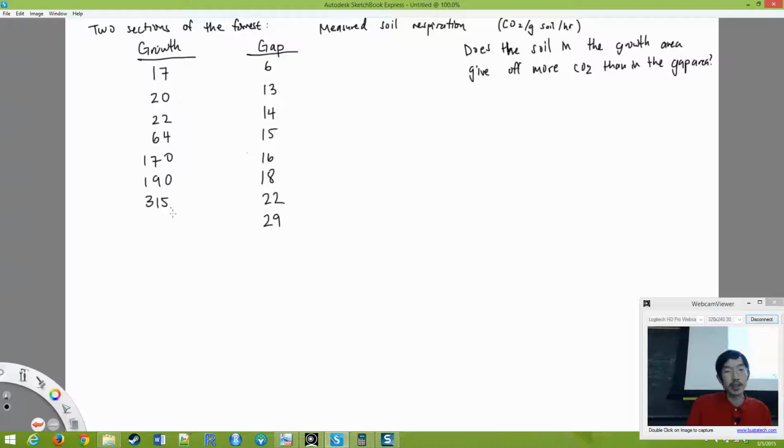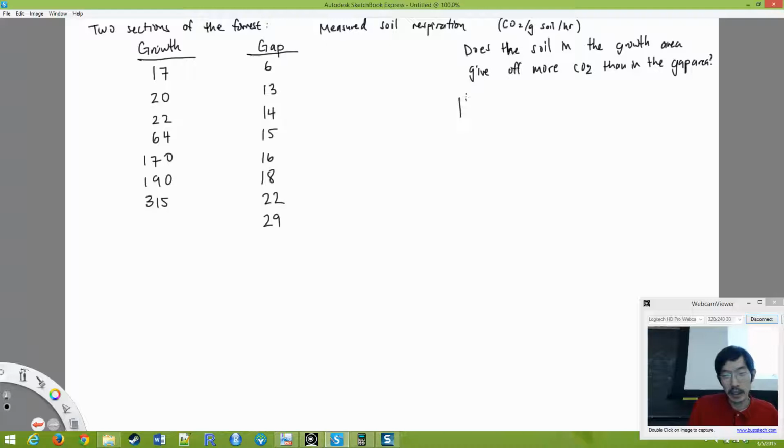From looking at our data, what would you say? Yes, it seems quite clear that the growth numbers tend to be larger than the gap numbers, but we'll carry through our test.